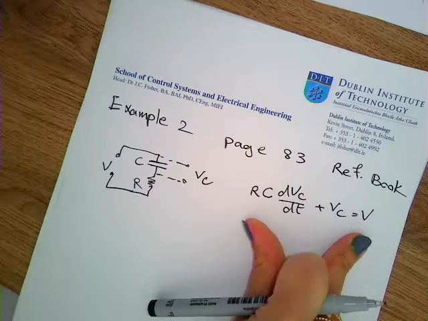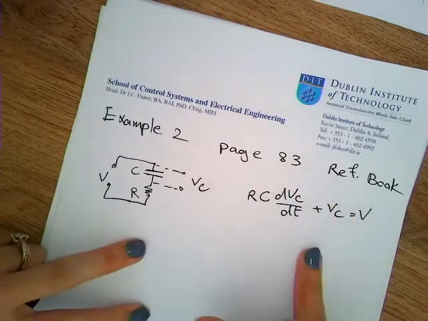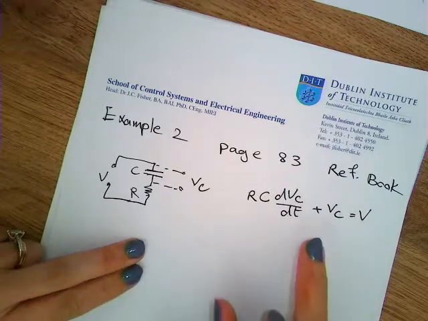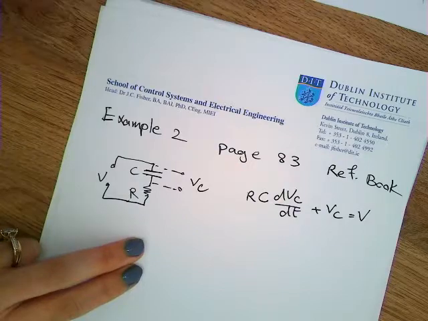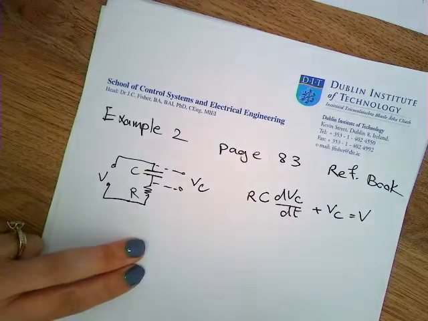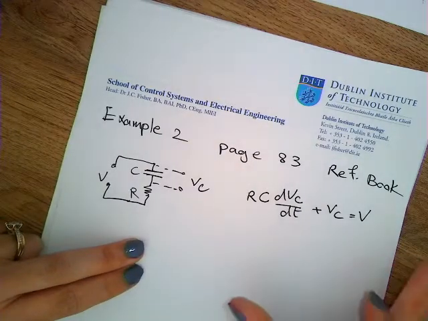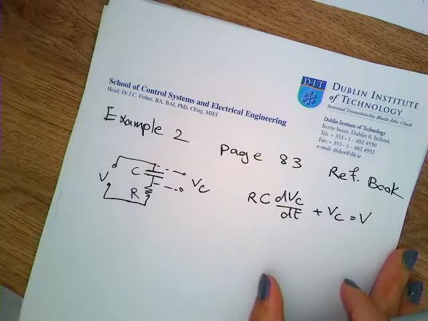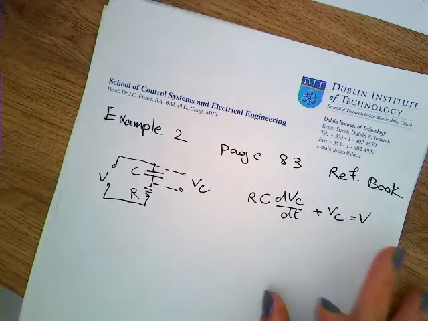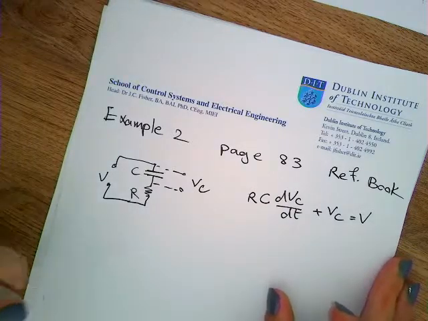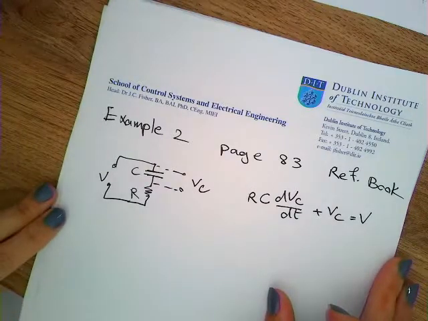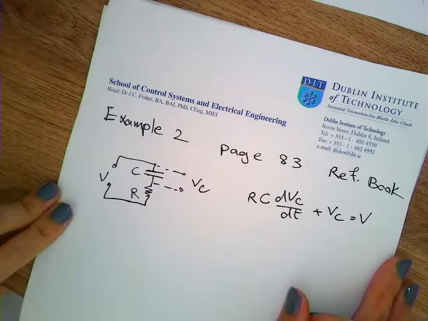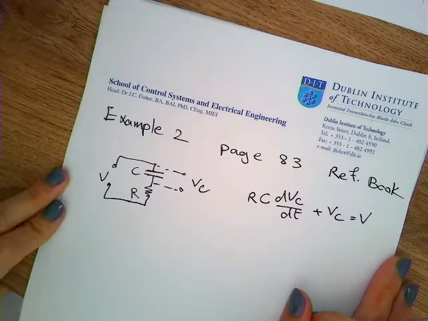Again, if it is hard for you to understand how we can write that, go back and look at previous videos or the lecture from the previous chapter. Now, the example is asking, what is the solution of the differential equation, and how does VC vary with time?